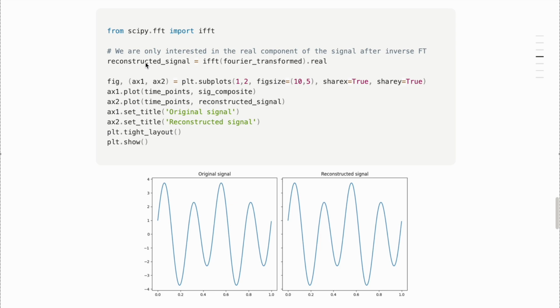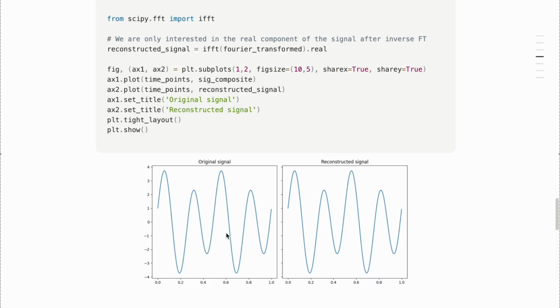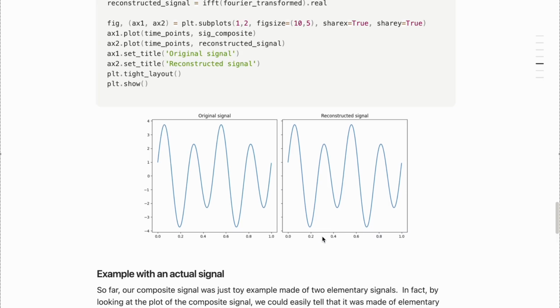So we have our reconstructed signal, and we can plot it. Here it is, and we can compare it to the original signal. They look identical.